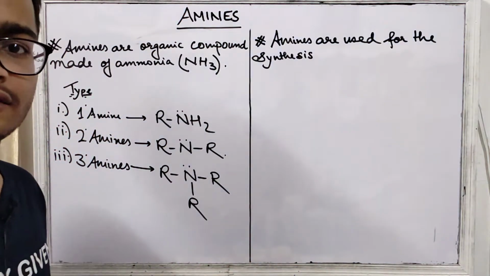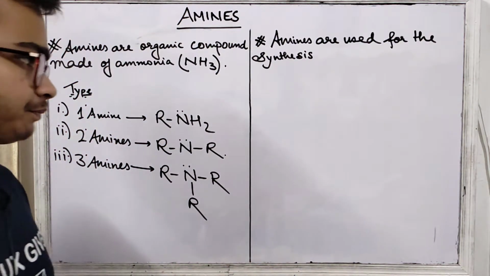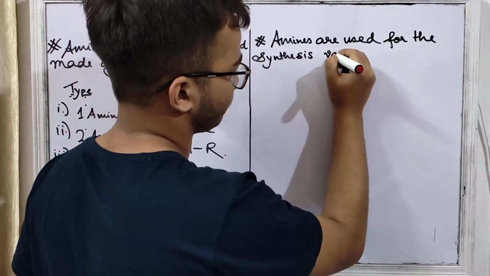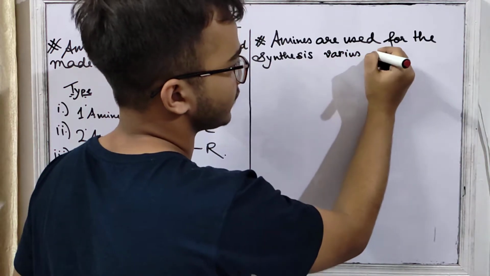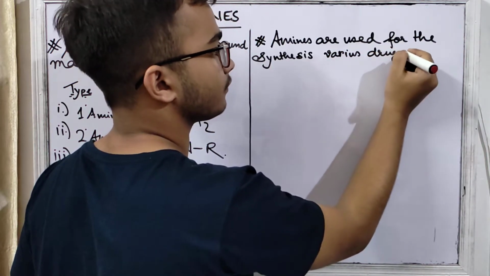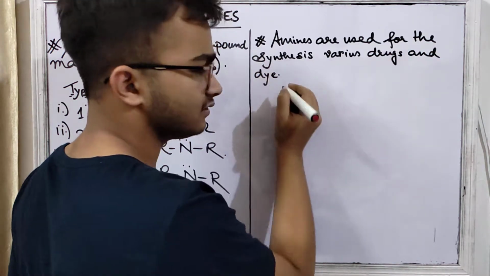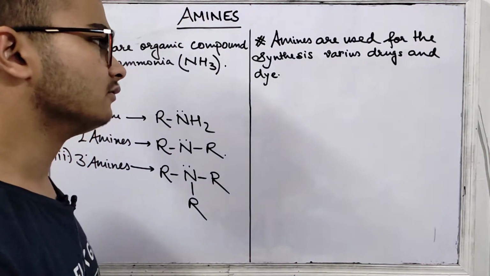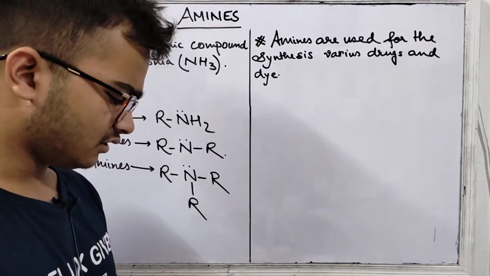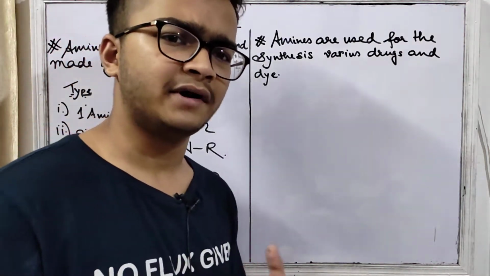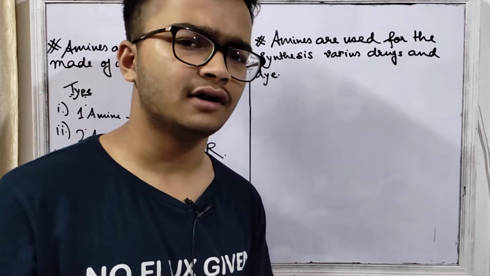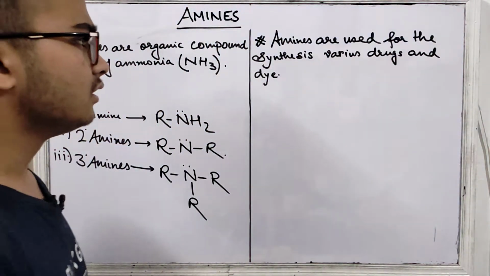Synthesis means amines are used to make various drugs and dyes. Dye means a colored organic compound which imparts color. The colored clothes we wear are made up of dye.